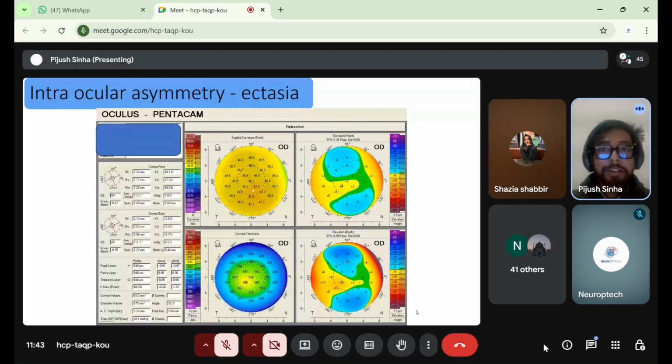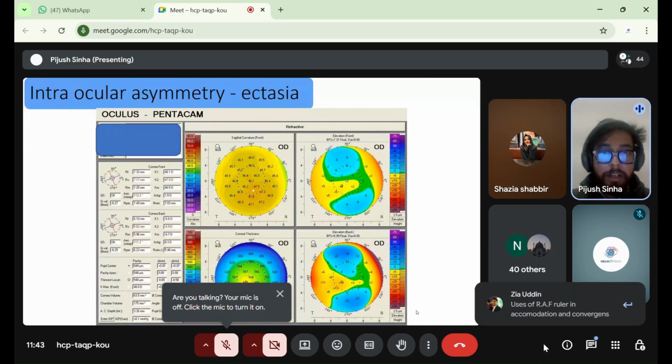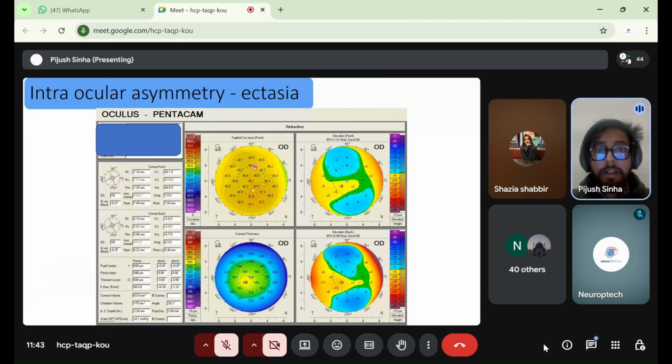There is no Munson's sign, Rizzuti's sign, Fleischer ring, Vogt's striae. Nothing is there. There is no acute hydrops, and you are not even getting a scissoring reflex. In the Pentacam report, you will get subtle changes in the parameters. Like here, the difference between these two corresponding points is like 1.5 or 1.7, but other parameters are normal, so it is a suspected kind of keratoconus.